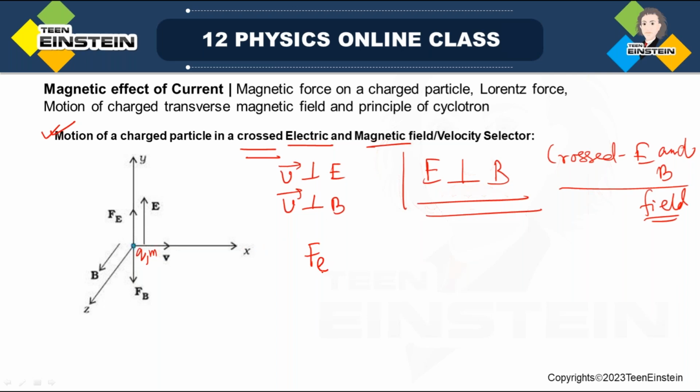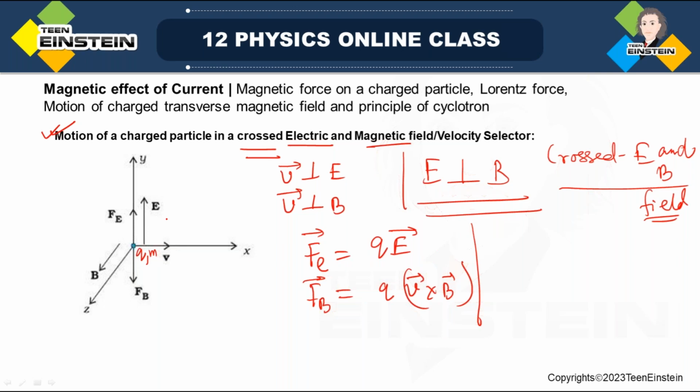There will be two forces. One is electric force, another one is magnetic force. Magnetic force will be given by q v cross B. And in an electric field, a charged particle will definitely experience a force whether it is in motion or at rest. So here the electric force is this. So these are two forces.